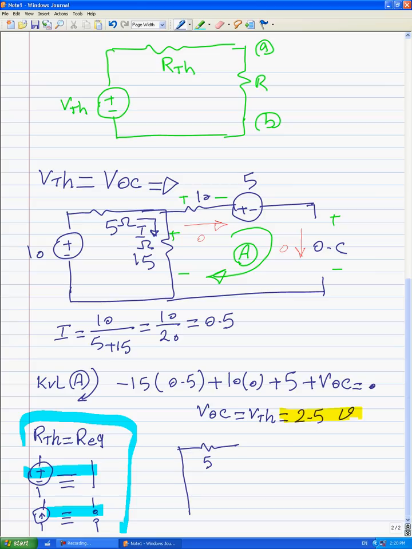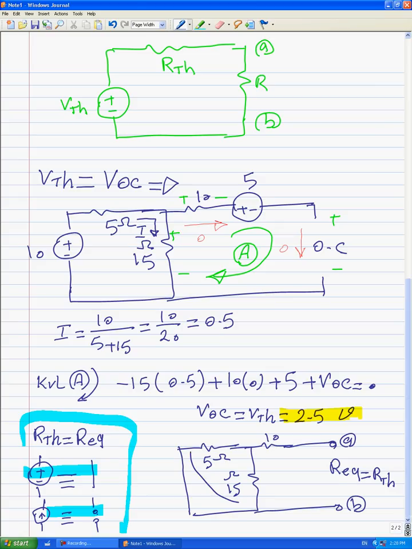And here we have 5 and 15. And here we have 10 and 5 volts again should be zero or short circuit. Equivalent resistance or Thevenin resistance is obtained in these terminals, terminal A and terminal B. And immediately you can see 5 and 15 are parallel, and the total should be 3.75.